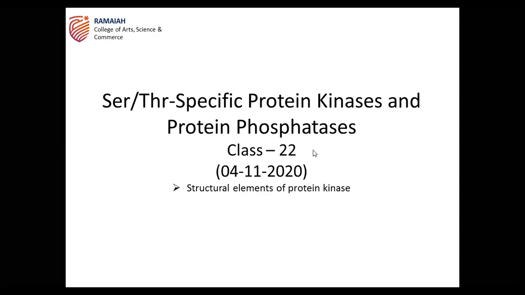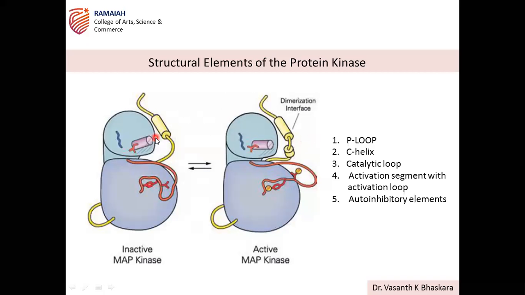Yesterday we discussed the structure of protein kinase, which you now understand. It has two lobes, a smaller N-terminal lobe and a larger C-terminal lobe, with different structures: the P loop, C helix, catalytic loop, and activation segment with the activation loop, then autoinhibitory elements.